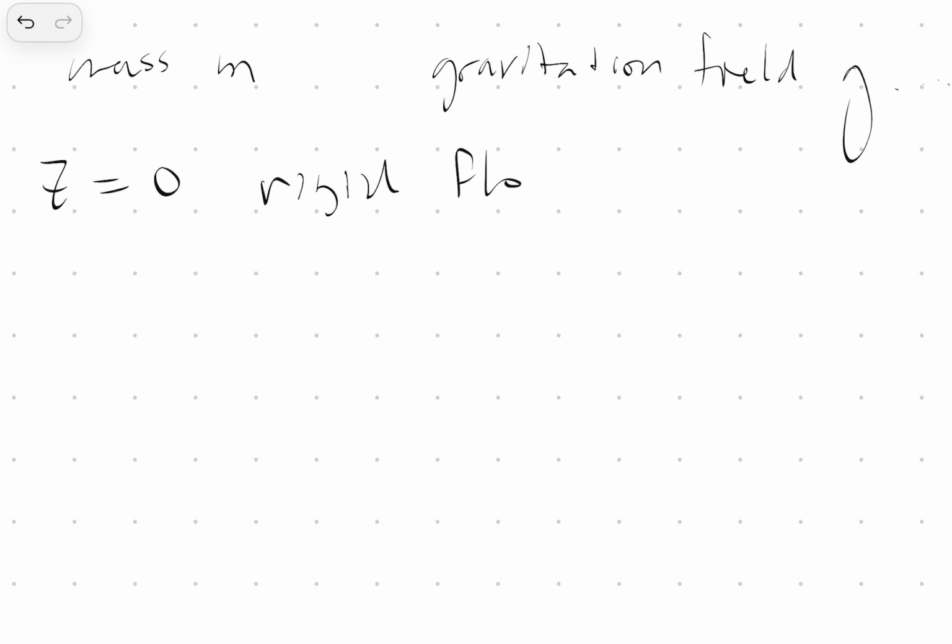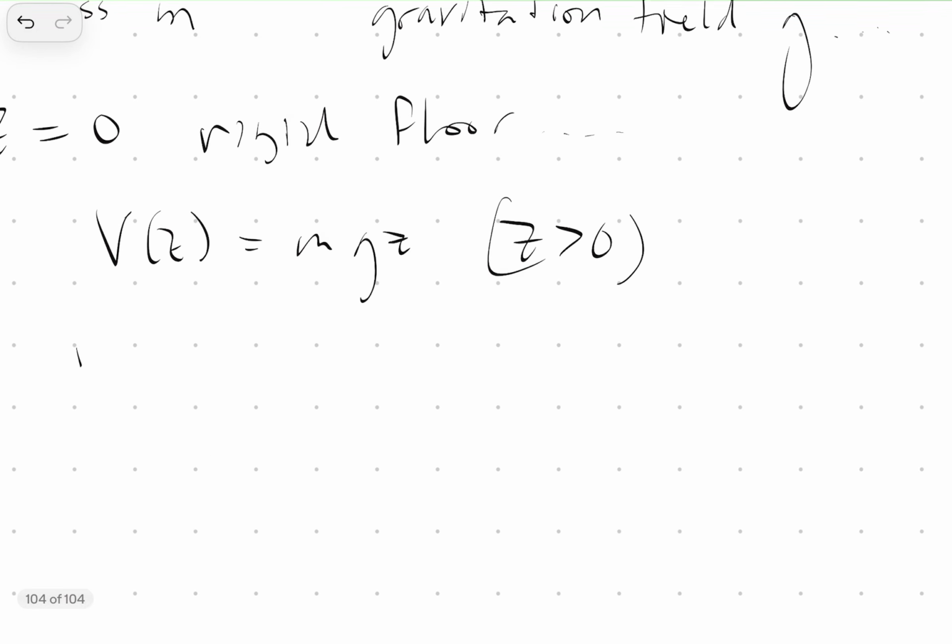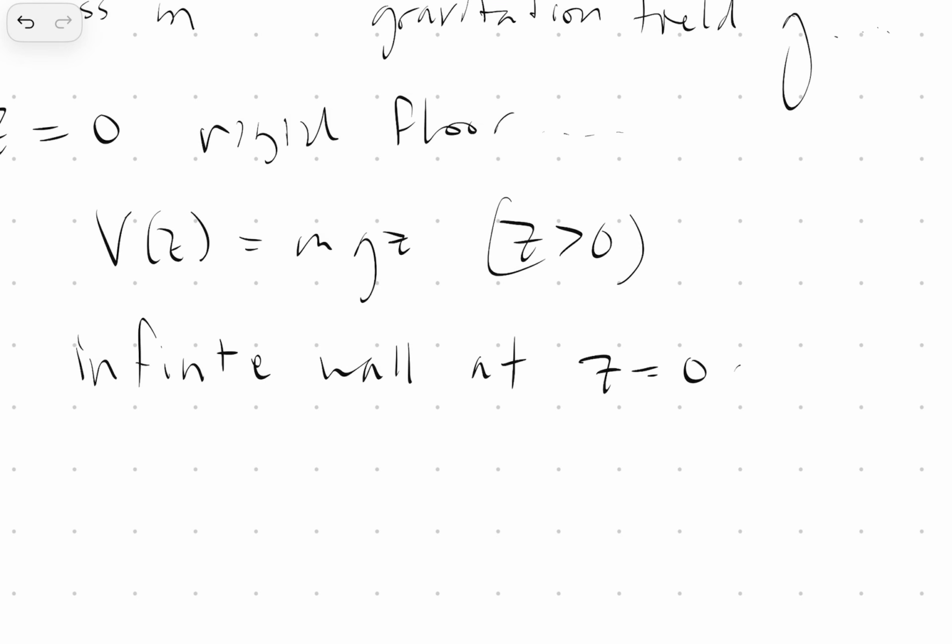The potential itself will look like just mgz, with z greater than 0, and an infinite wall at z equals 0.